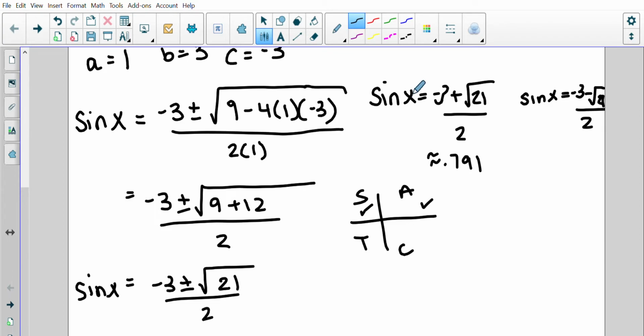And now I have to actually solve for x, which means I would inverse sine both sides of the equation. So I'm going to inverse sine this side so that those cancel, and I'm going to inverse sine this entire decimal, so that I get the exact answer there.